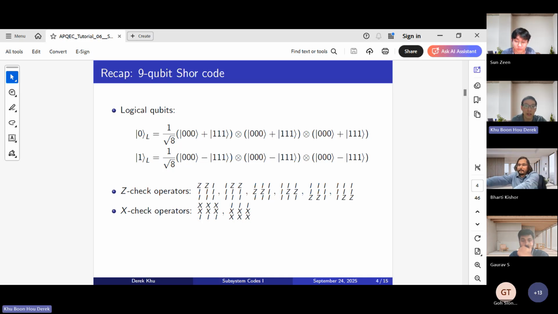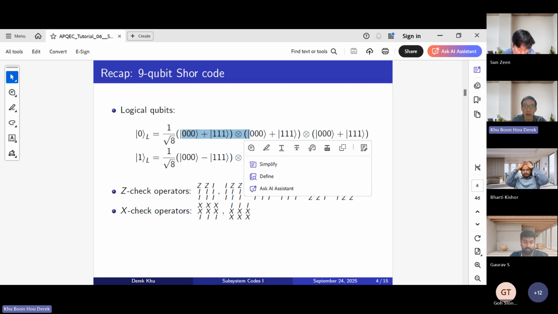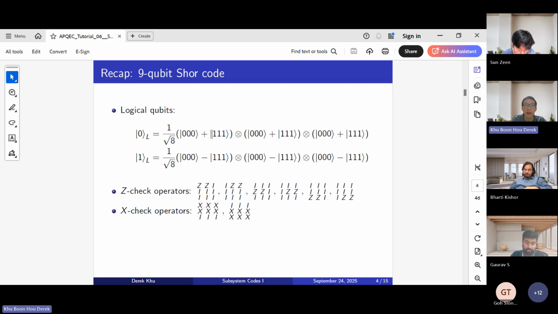The X-check operators, if you recall, are going to be of weight 6. We apply the X across the first 6 qubits, and this would tell us whether a Z error has occurred across these 6 qubits, and this would tell us whether a Z error has occurred across these other 6 qubits.